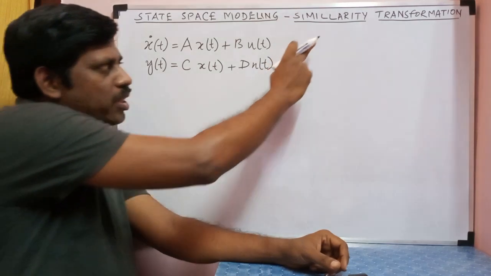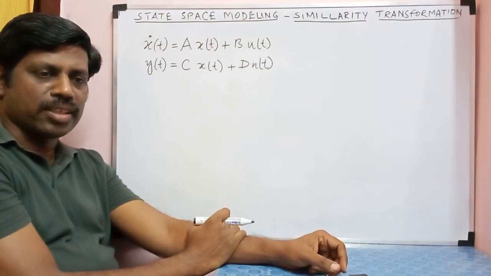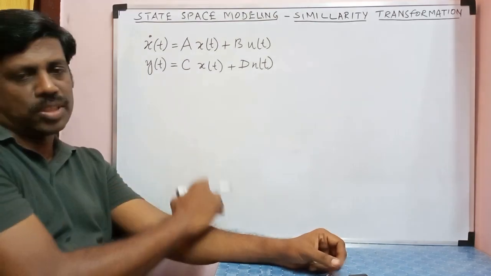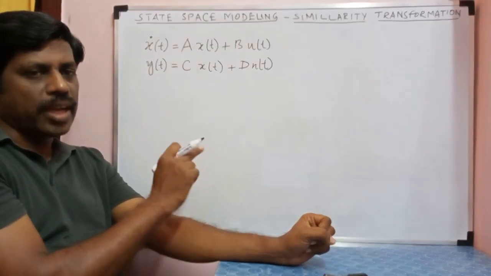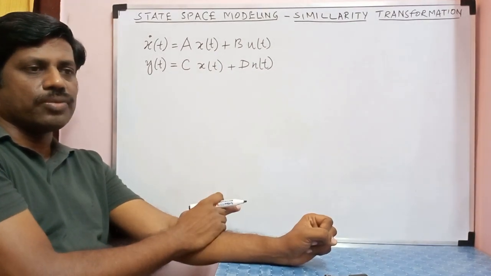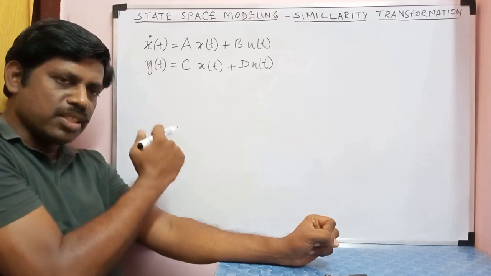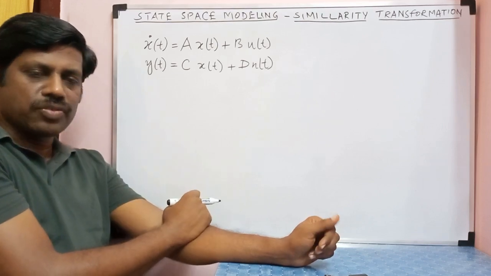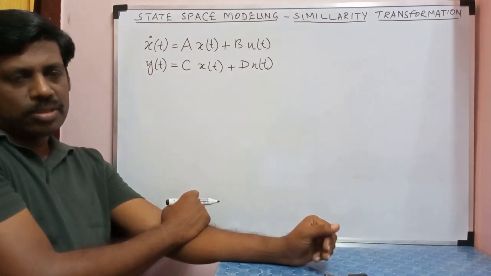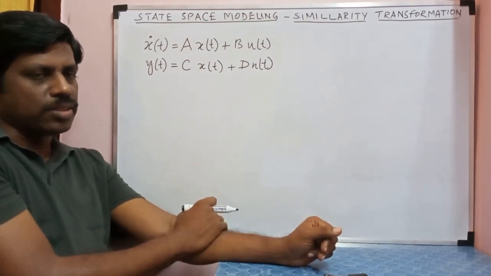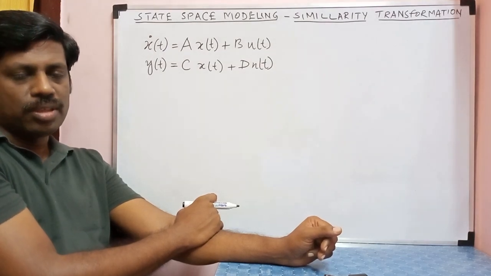They are nothing but the similarity transformation and also the canonical forms of the state space model. So before actually going into the transformation of a transfer function model to a state space model, we'll see something about the similarity transformation and the canonical models. So this lecture is going to focus on these two things, that is similarity transformation and the canonical models.